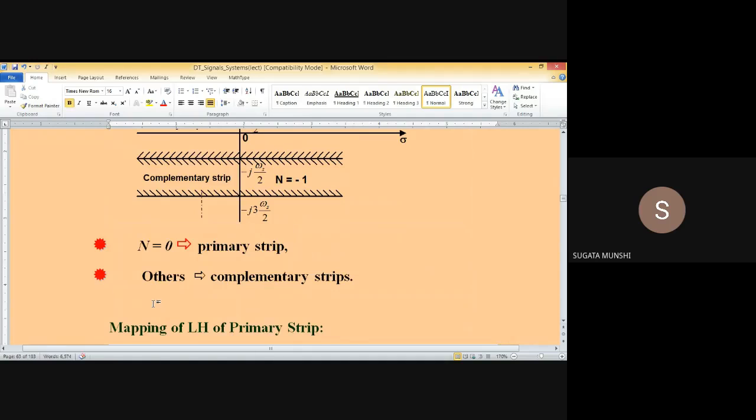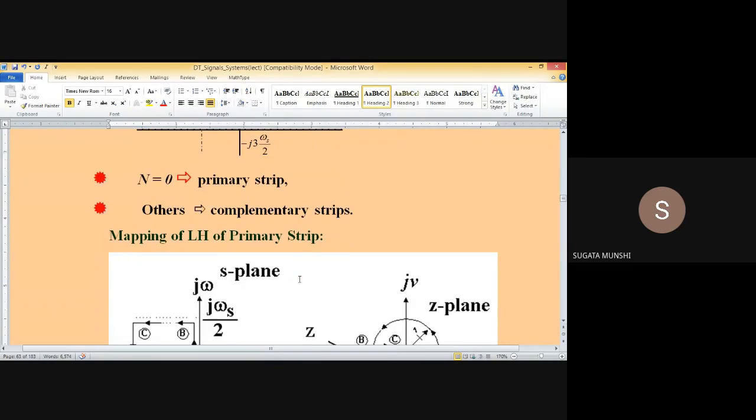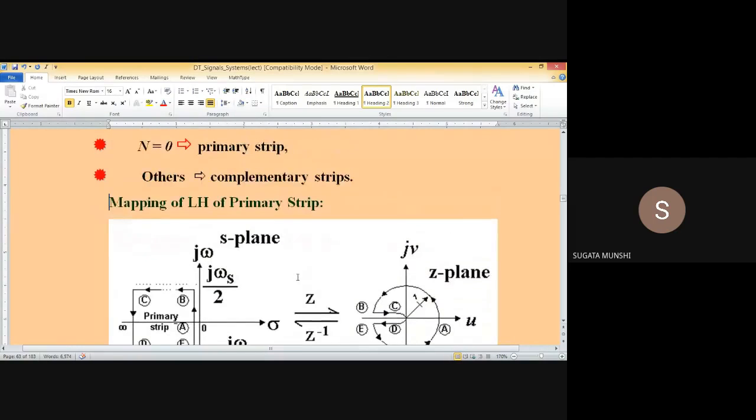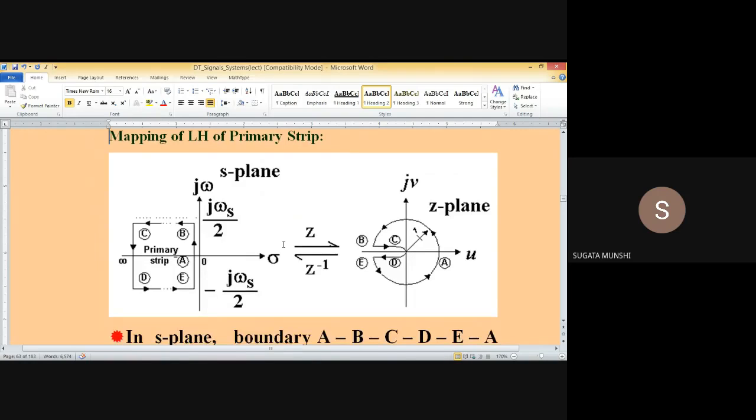As I have said, we will first consider the mapping of the left half of the primary strip in the S plane onto the Z plane.